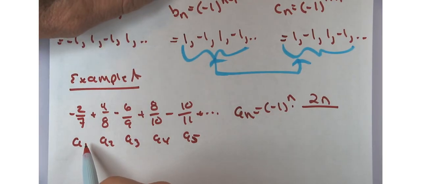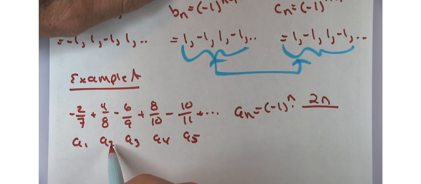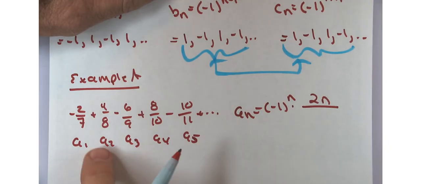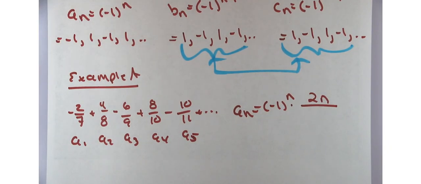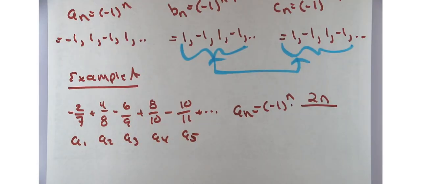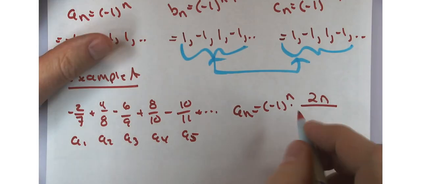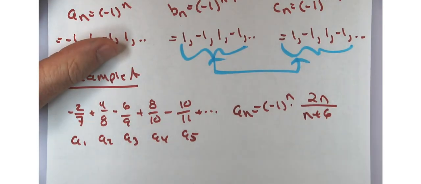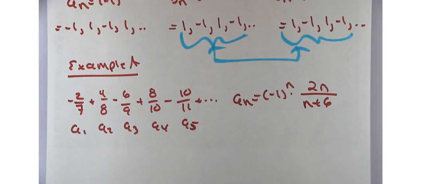You go from a 1 to a 7, a 2 to an 8, a 3 to a 9, a 4 to a 10. Can anyone see a general pattern here involving our subscript, the number of our term, and the term in the denominator? N plus 6, right? N plus 6. So there's the general form of your alternating sequence.